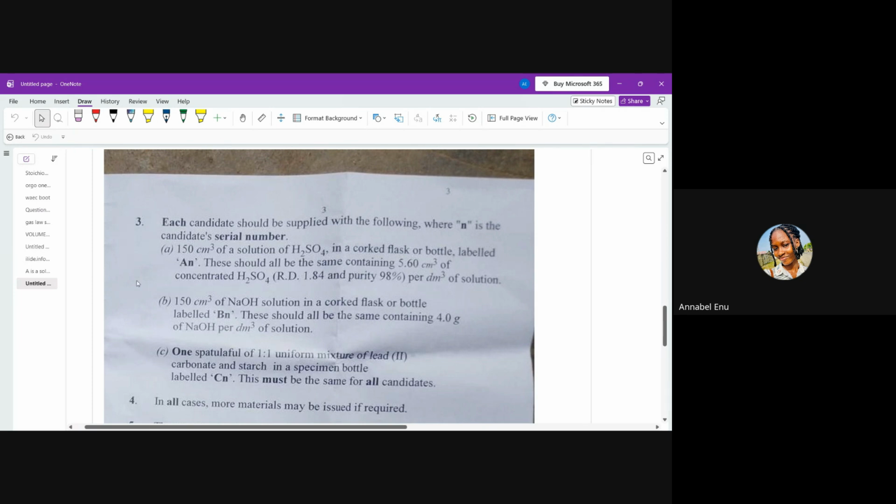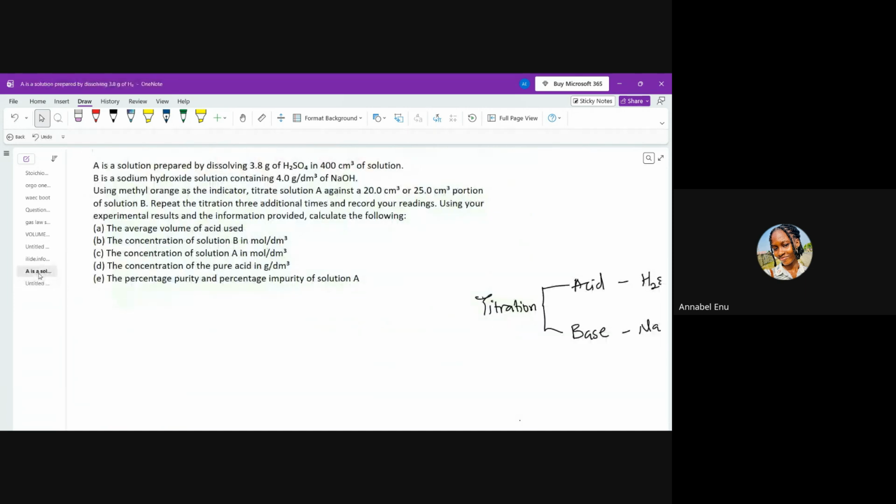So we're also going to be talking about that as well. Remember I told you from the last class that the major essence of the whole acid-base titration process is for us to get our average volume of the titrant, and that will help us calculate an unknown concentration. So that's what we're going to be focusing on today.